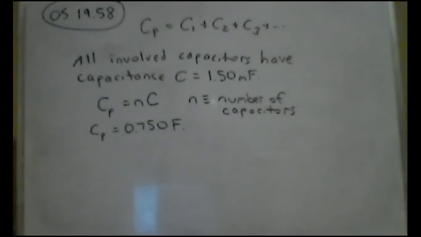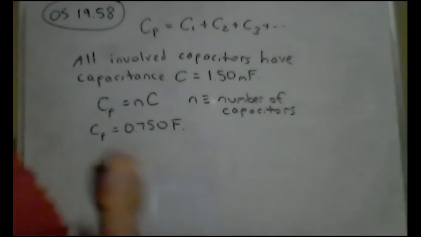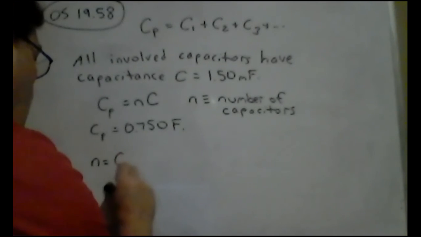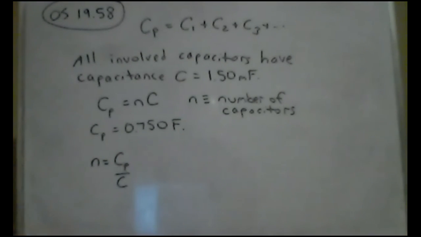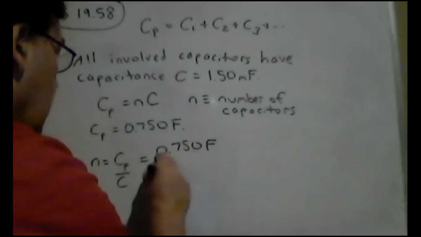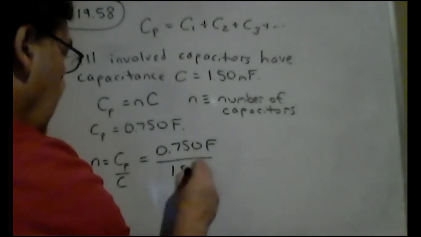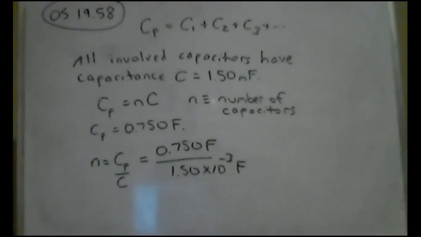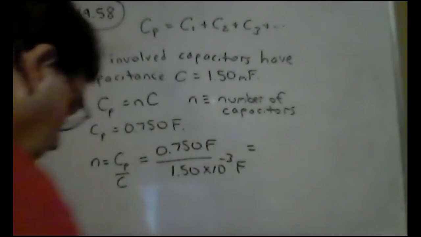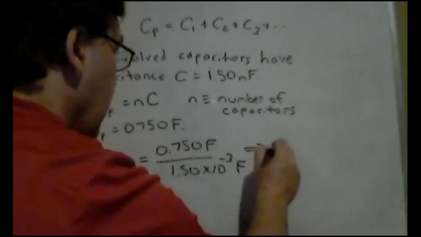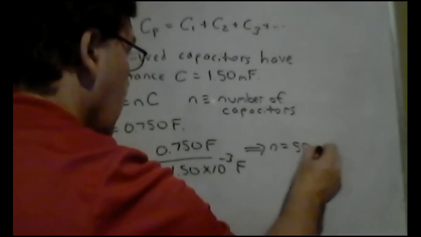So I want to figure out how many capacitors I have to hook up in parallel. N is simply going to be C sub P over C, or 0.750 farads divided by 1.50 times 10 to the negative 3 farads, which gives N equals 500. 500 capacitors.